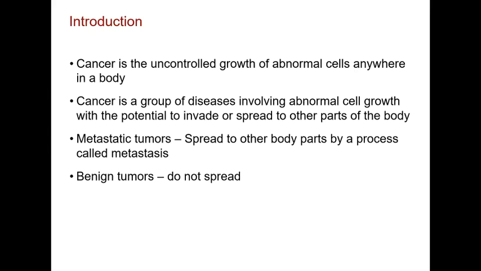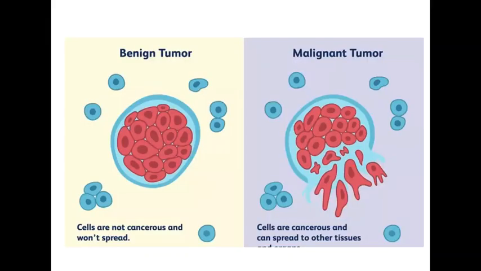Metastatic tumors are those which spread to other body parts by a process called metastasis. On the other hand, benign tumors are those which do not spread, and they are contained only in the tissue where they originate. This picture shows the difference between a benign tumor and a malignant tumor.